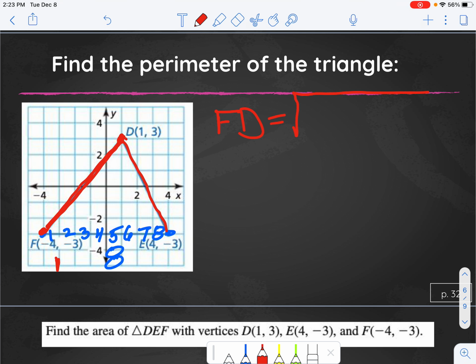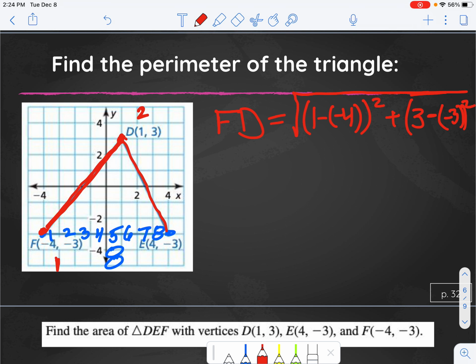If I say this is my side 1, this is side 2, the distance formula starts with x2. So I have (1 minus -4) squared plus y2, which I said was 3, minus -3 squared.